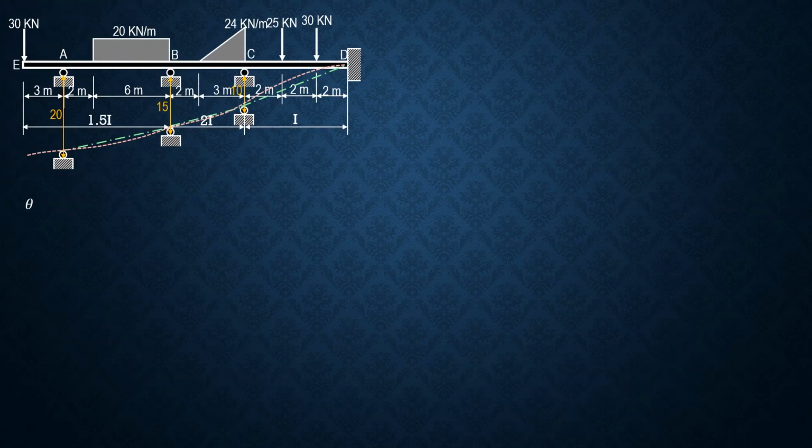So let's continue. So remember, theta A is negative 3.321 times 10 to the negative 4 radians. Theta B, negative 1.9607 times 10 to the negative 3. And theta C, negative 9.1164 times 10 to the negative 4.